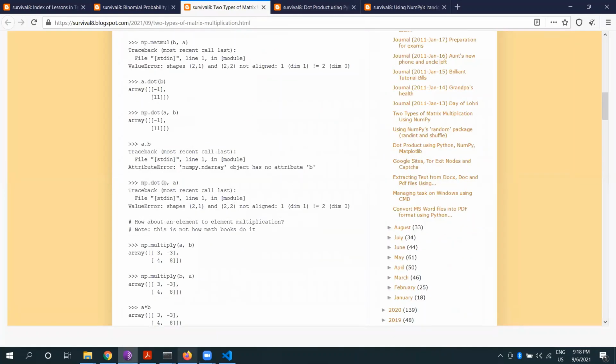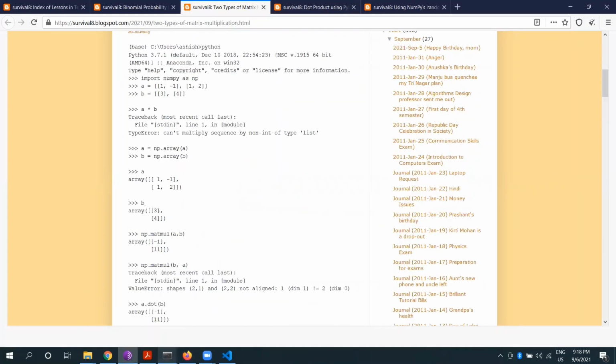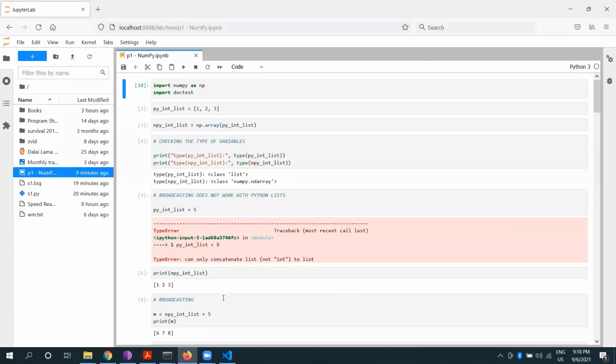The basic thing about NumPy is that it's a package for doing numerical array operations, for managing numerical arrays. NumPy stands for Numerical Python.